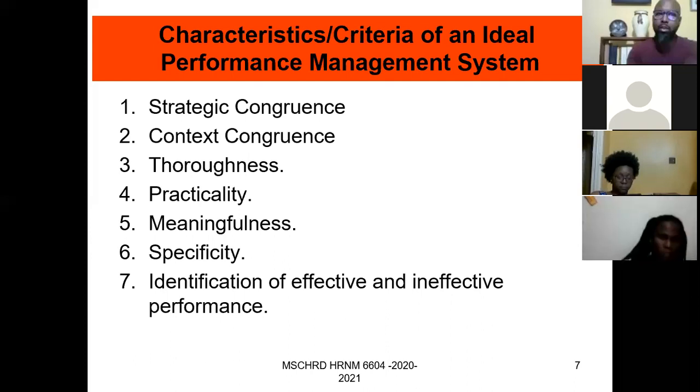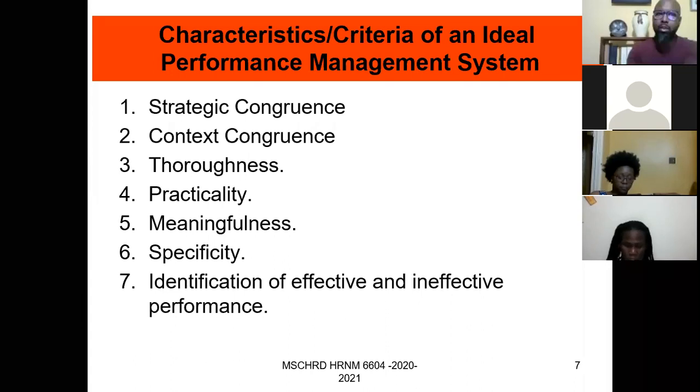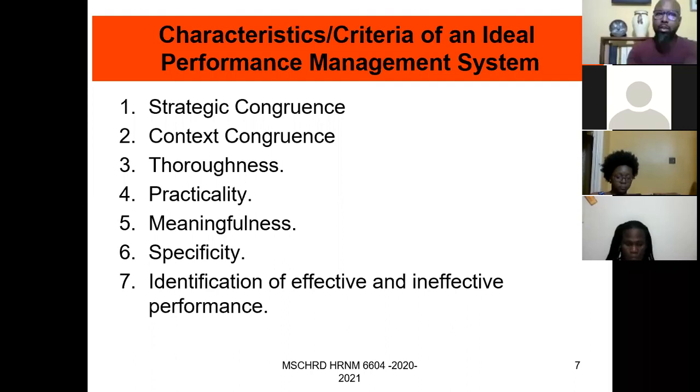So we say that it must have context congruence, meaning it's also supposed to be able to look at the environment and what is going to be required. And then we move to thoroughness.